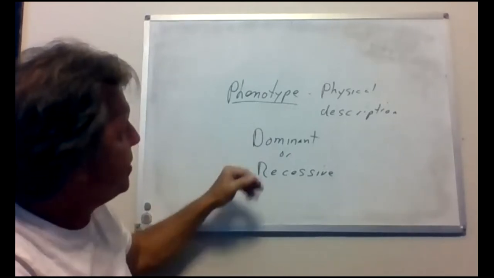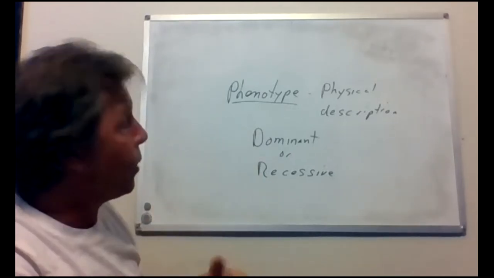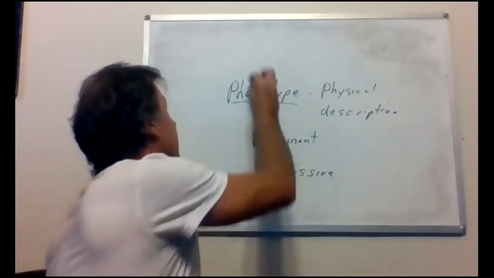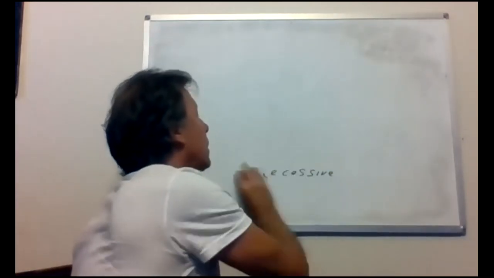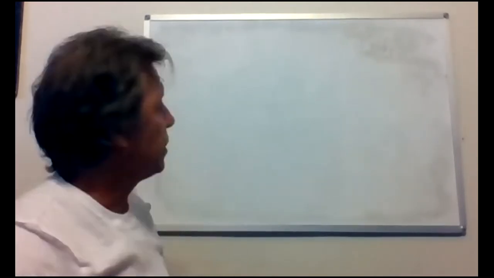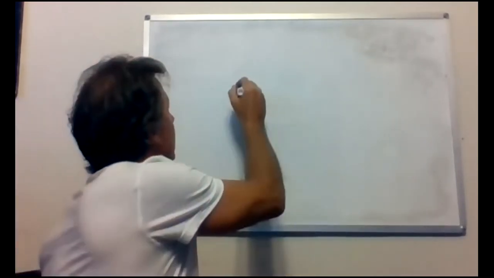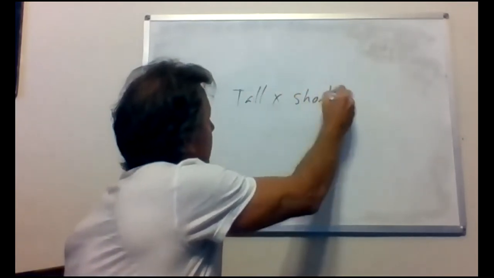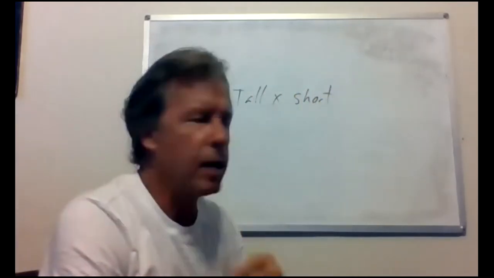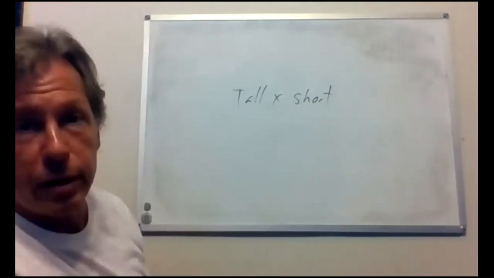Now, what does this even mean? Well, we're talking about crossing plants, and let's say I take a tall plant and a short plant. We're not going to write out tall and short every time.